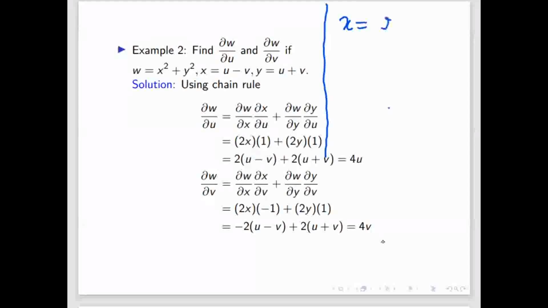x is given as r cos theta and y is given as r sin theta. The question is, find the derivative of r with respect to x.